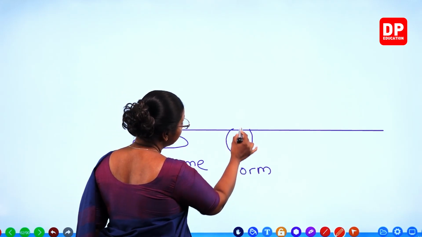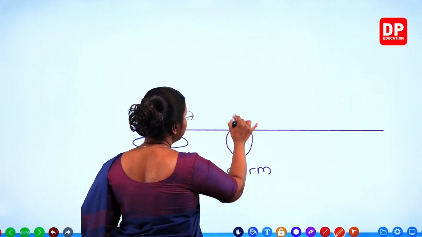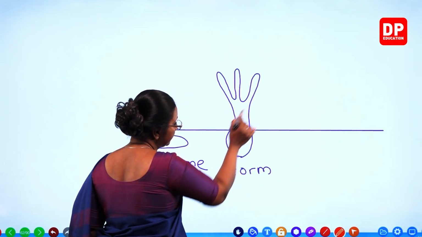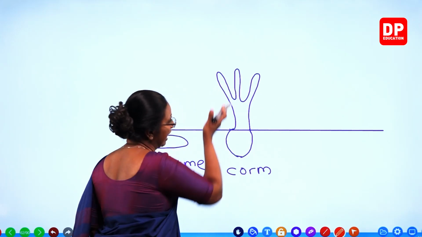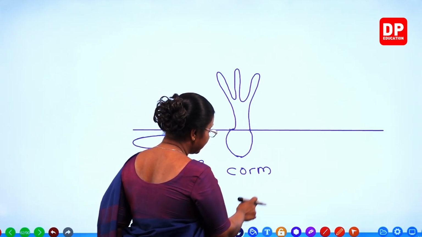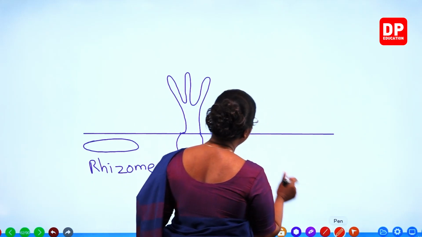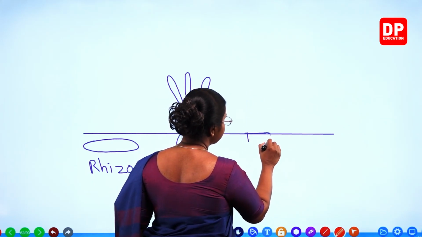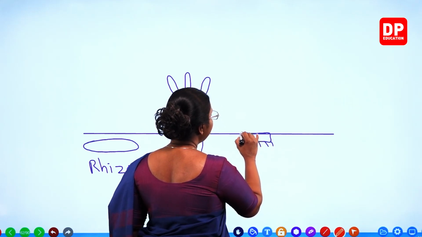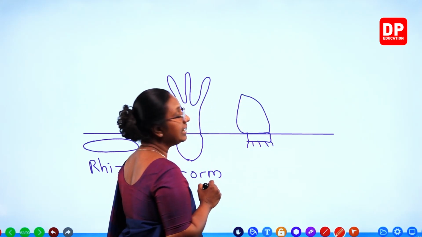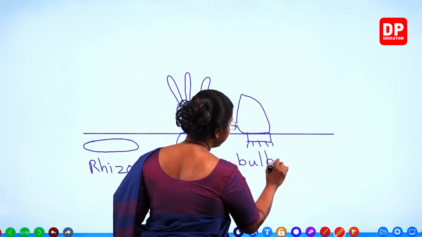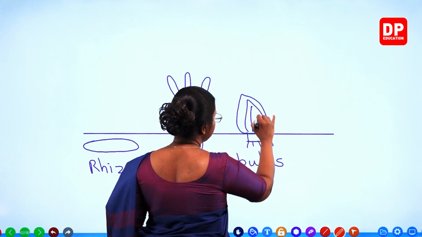Now, when you look at the corm structure, from this is the underground stem. Above that, you have the aerial part. Then we have the third structure that you are familiar with, the bulbs. Now, bulb also has a stem like that, underground stem with the roots there. Then we have the scale leaves. Now, onions are an example of bulbs. You have the scale leaves that store food.